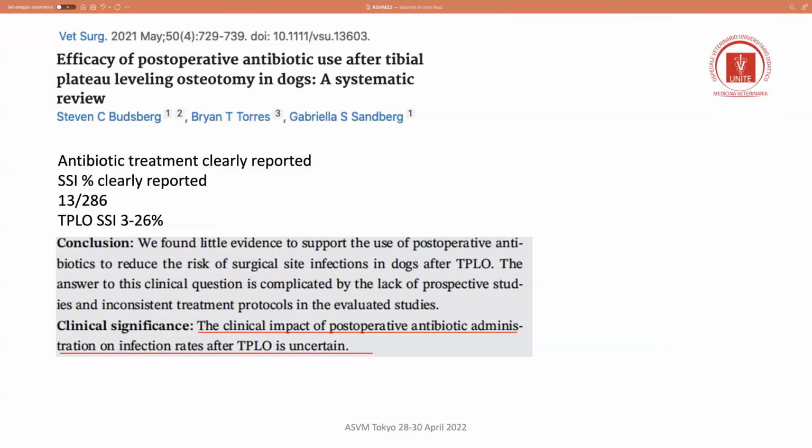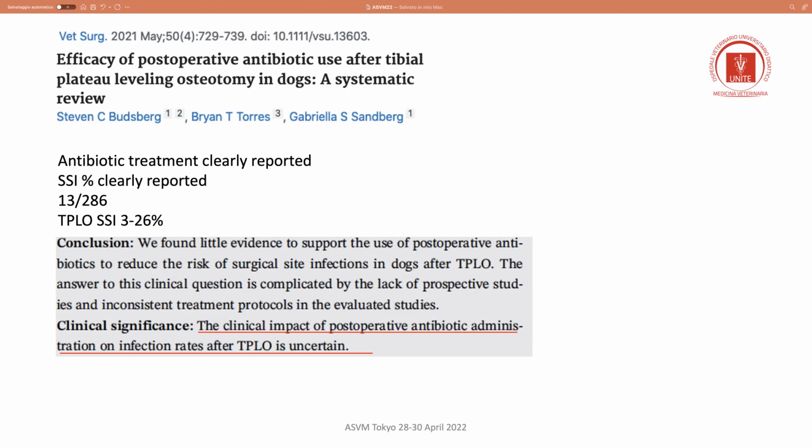So the use of antibiotic treatment during TPLO is very controversial. In 2021, a review paper on the efficacy of postoperative antibiotic use after TPLO was published in Veterinary Surgery. The authors reviewed papers in which there was a clear antibiotic treatment and in which the surgical site infection rate was clearly reported.